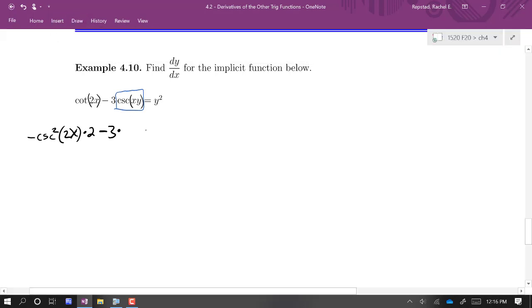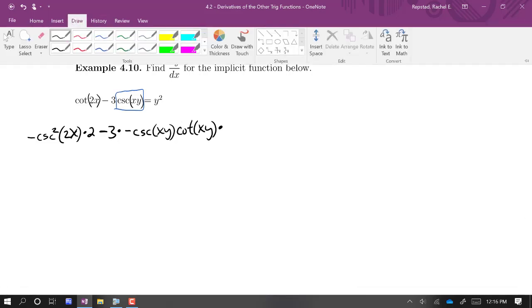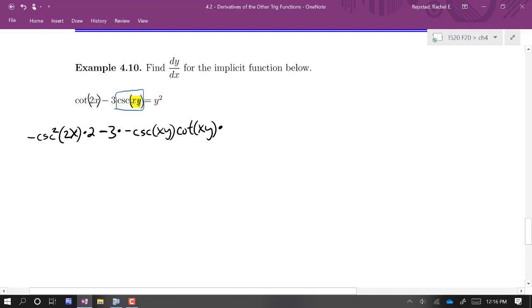The derivative of cosecant is minus cosecant cotan. We just keep the argument the same. Times, now we have to multiply by the derivative of the stuff inside, and that is a product. So the product rule now is coming up when we are applying the chain rule.